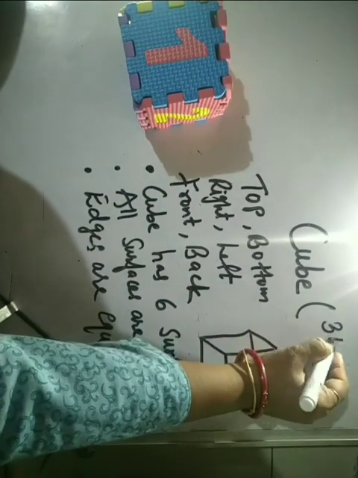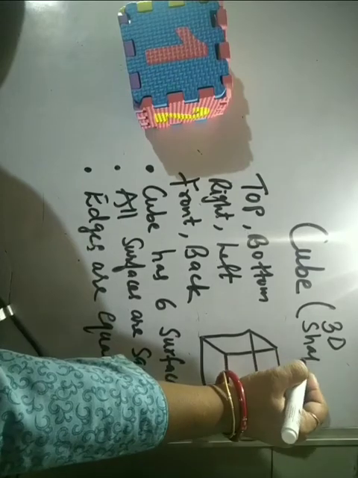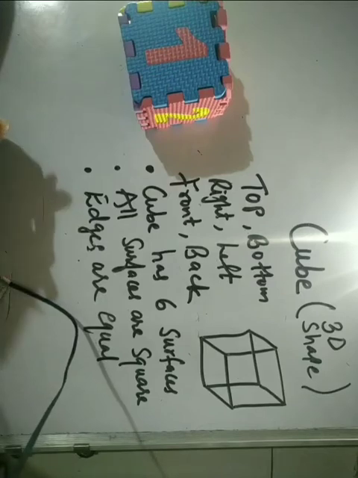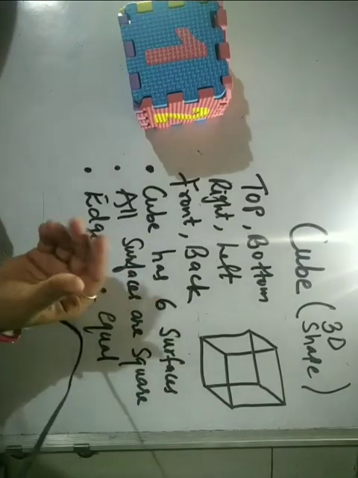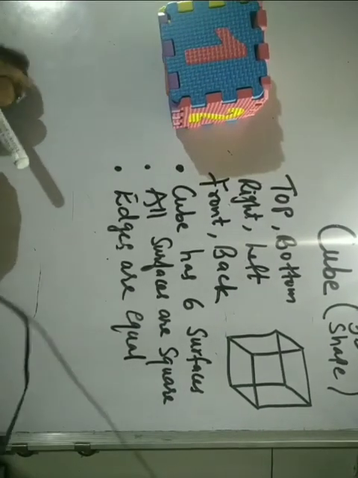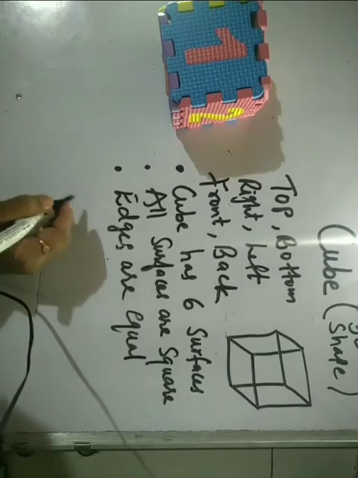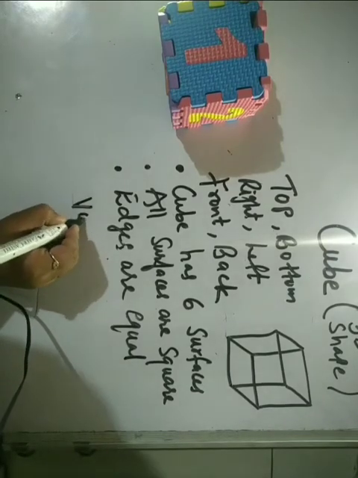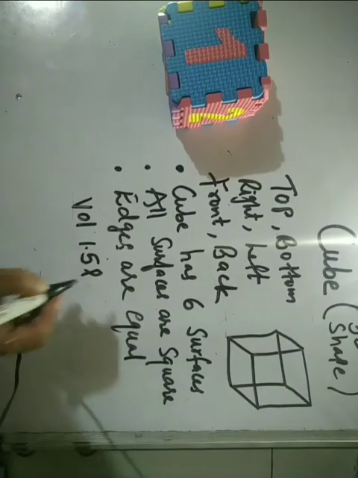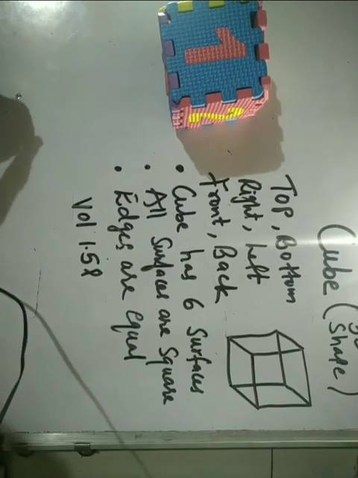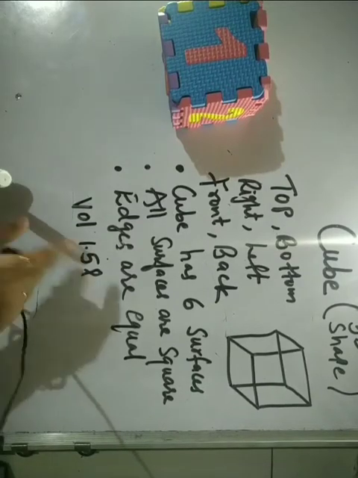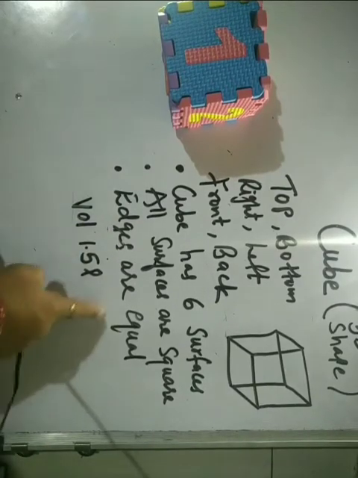Cube is 3D shape, and any object which is having 3 dimensions will be having some capacity to hold something. Like, for example, you must have seen on the cold drink bottles, there would be written over there VOL 1.5 liter. What does this indicate?